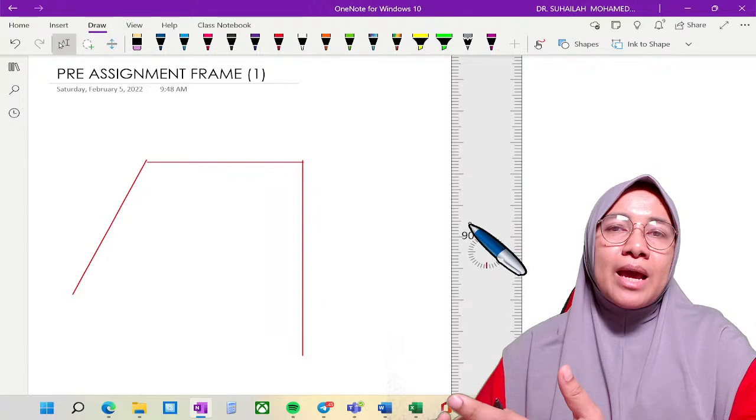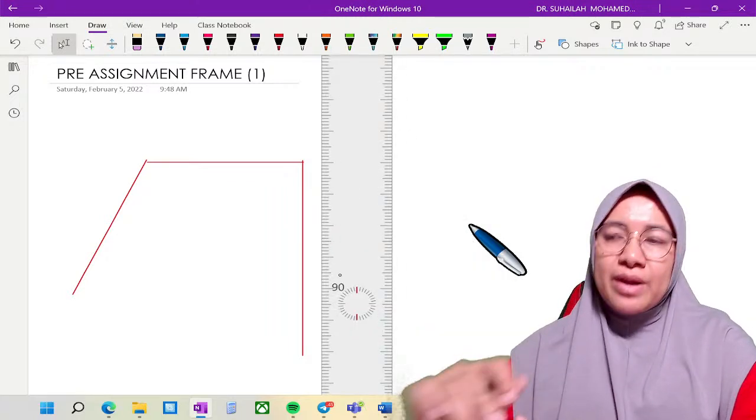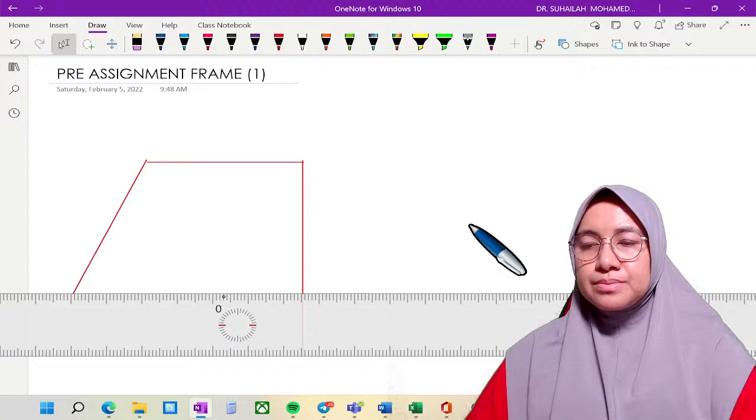We have to identify that one in the frame. So let's say this is the frame.